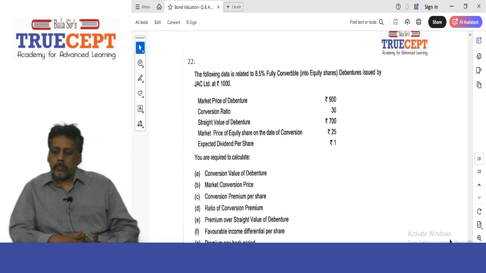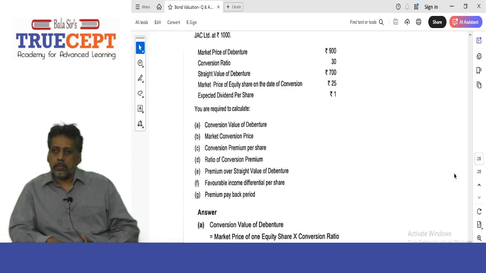Conversion ratio is 30. Straight value of debenture is 700 rupees. Market price of equity share on the date of conversion 25 rupees. Expected dividend per share rupee 1. You are required to calculate A. Conversion value of debenture. Now listen, let's take up each question. We'll discuss and see the answer. Is that fine? Yes, sir.